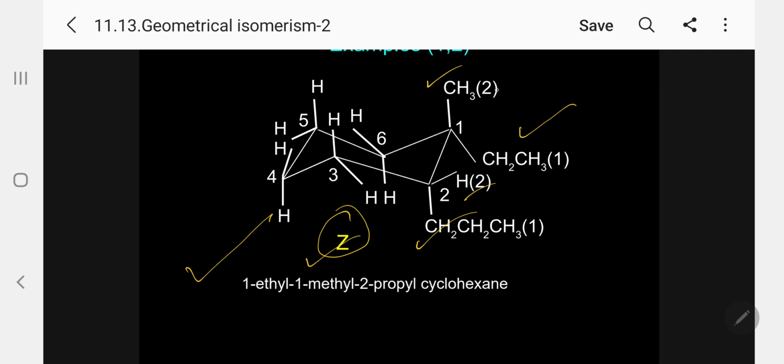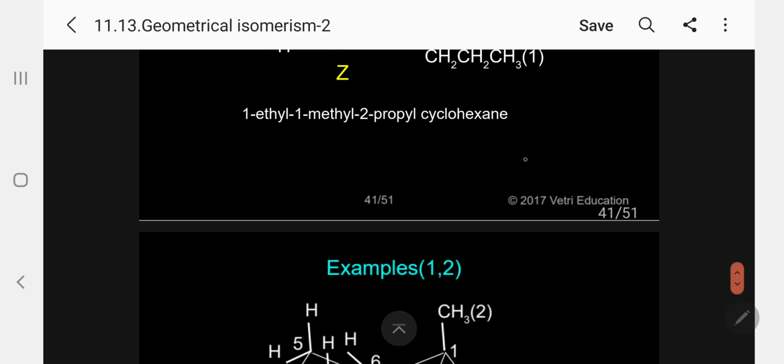Because on the first carbon atom, ethyl is 1, methyl is 2. On the second carbon atom, propyl is 1, hydrogen is 2. So consider 1 and 1. The ethyl group on the first carbon atom is below. The propyl group on the second carbon atom is again below. So it is the same. Kindly follow. This is the way we can write for cyclohexane also.